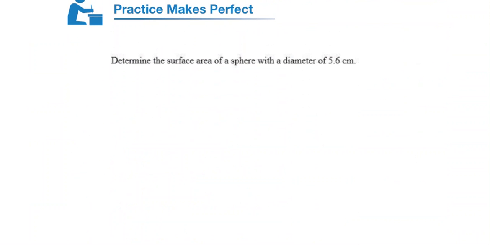It says determine the surface area of a sphere with a diameter of 5.6. We always want to write down the equation first. So the area of a sphere is equal to 4 pi r squared, which is really just 4 circles.